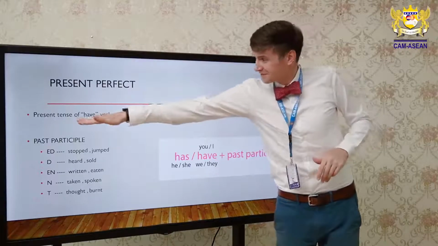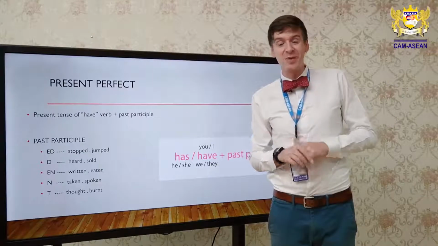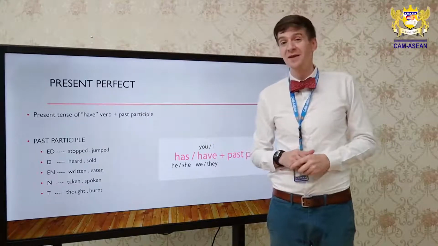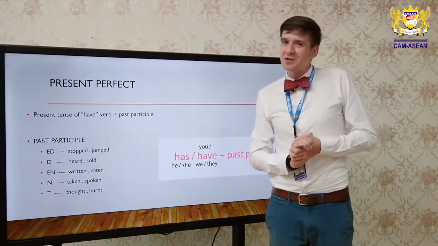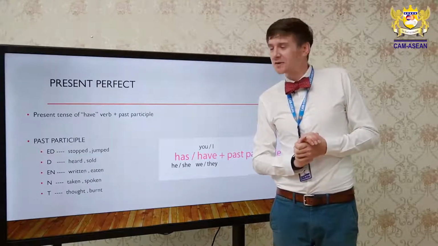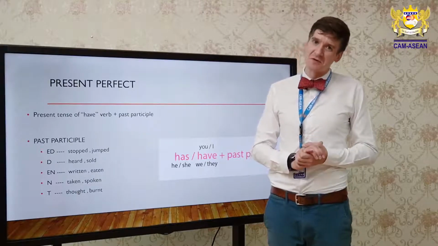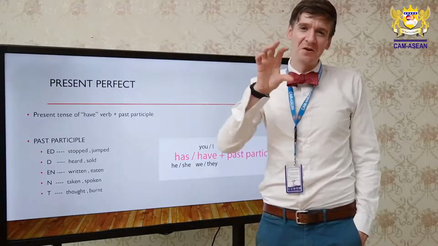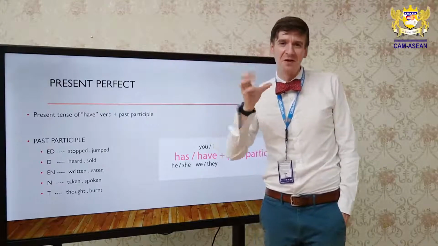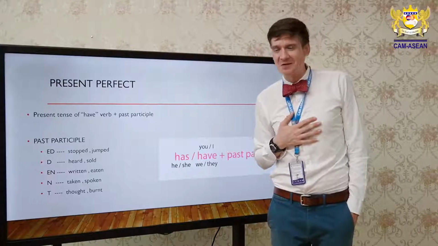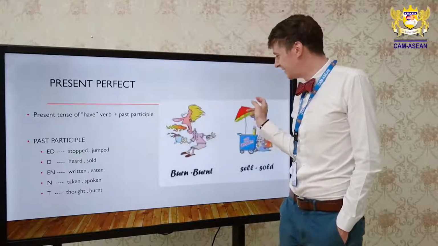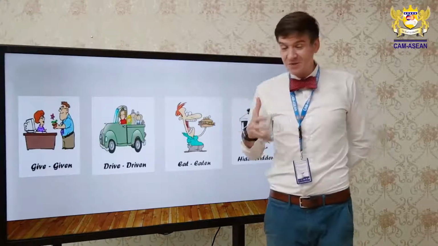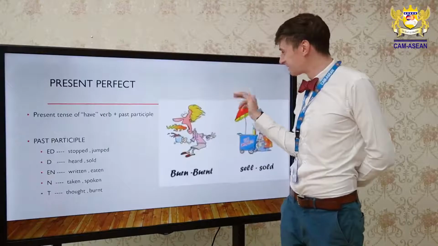It's easy to spot because we have the have and we have the past participle. The big challenge is knowing the past participle form of the verb, because there are irregular past participle verbs. And that will just come with practice. We'll get it by practicing.